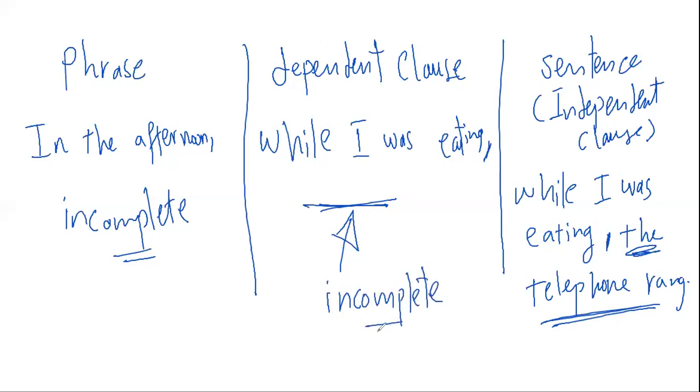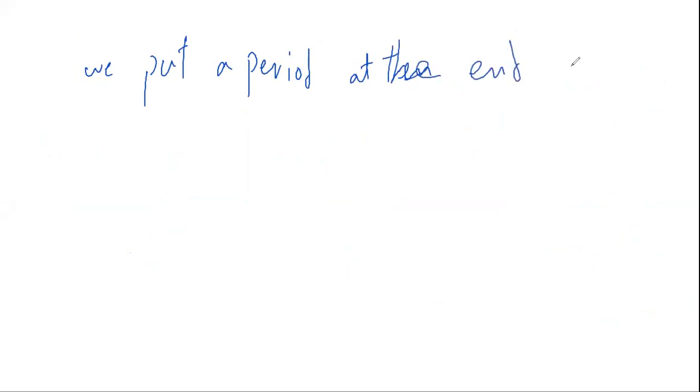This is very useful to know while writing, because a lot of people just write anything and they don't know that they should put a period. We put a period at the end of a sentence.